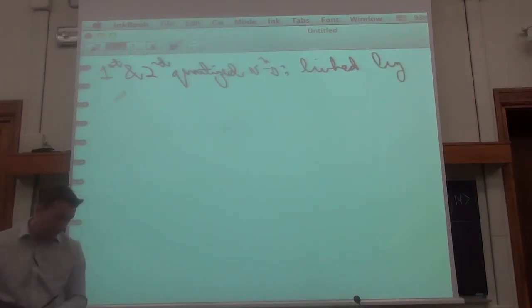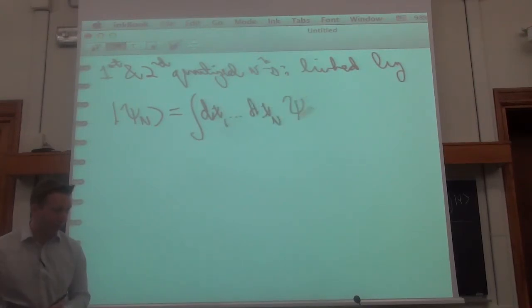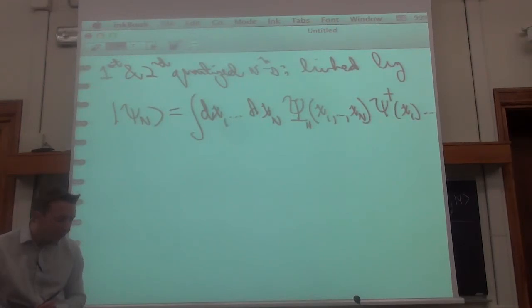So they're linked by just writing a state with n particles as the n-fold spatial integral of some amplitude psi_n that I'll try to write as a capital Psi that depends on these coordinates, and then just the creation operator at x1, ..., xn.